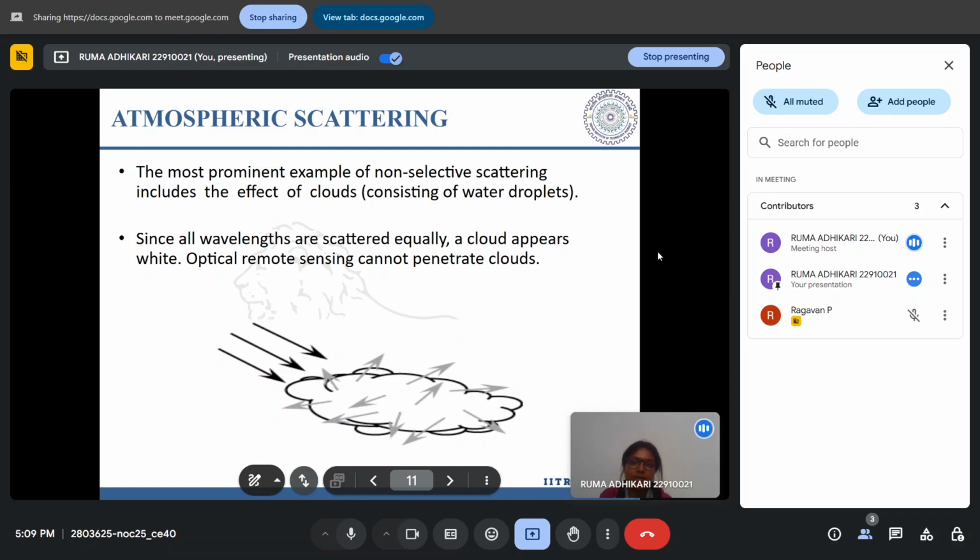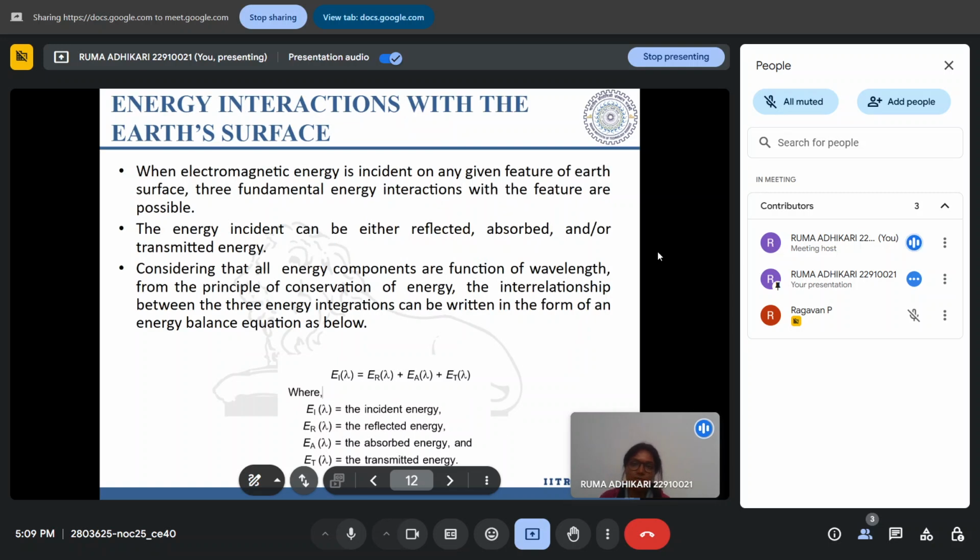Finally, when a signal or an energy is incident on any given feature of the Earth's surface, three fundamental phenomena happen. It either gets reflected, gets absorbed, or gets transmitted.